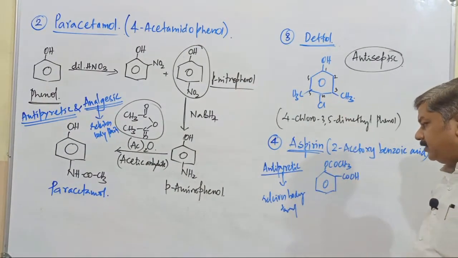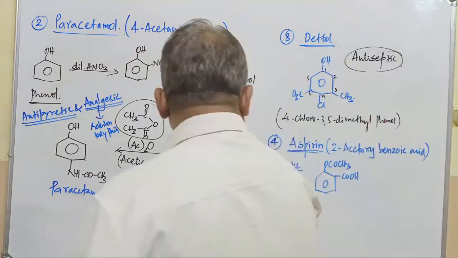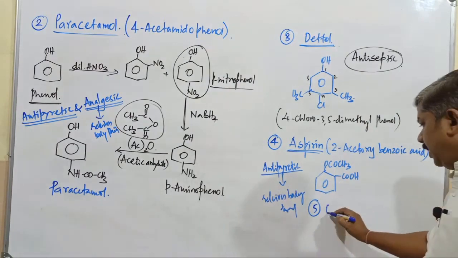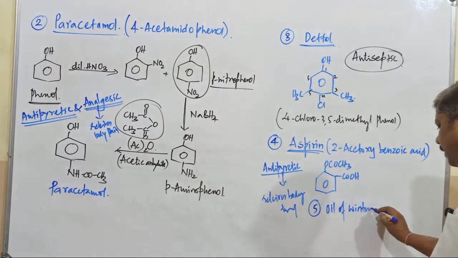Body temperature is lowered. So this compound is what? Aspirin. Its chemical name is 2-acetoxybenzoic acid. Like that. One more compound is there. Number 5 you can consider, that is oil of wintergreen, commonly called oil of wintergreen.